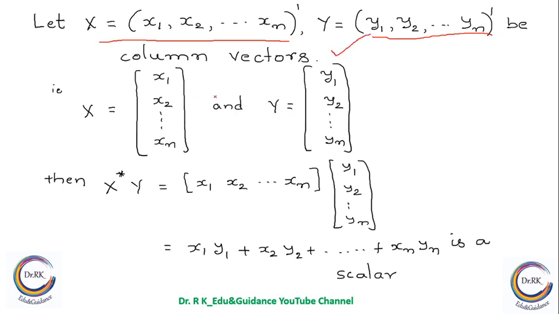Then for x star y, we take the conjugate of x1, x2, so on xn and take the transpose, so the column vector becomes a row vector. Then y remains a column vector. The product x1 y1 plus x2 y2 so on plus xn yn is a scalar, which is called the inner product.